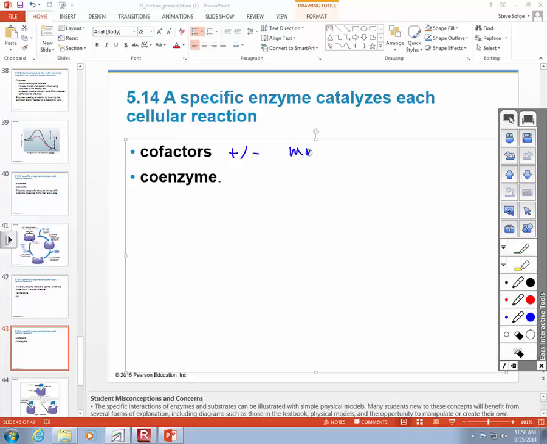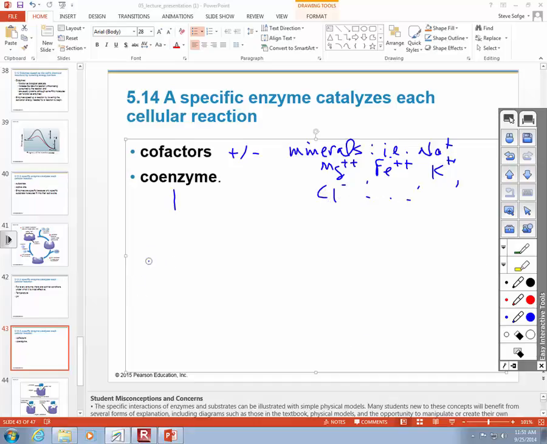These are minerals, such as sodium. You've heard of these: magnesium, iron, potassium, and they're not all positive. Chlorine, and a bunch of them.